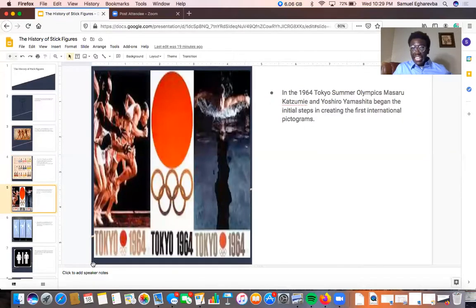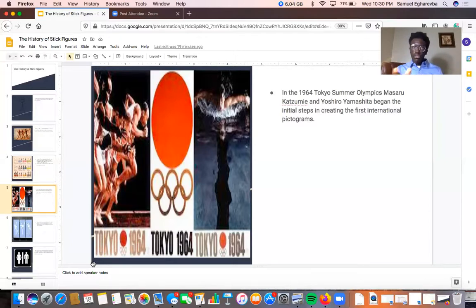So, in the 1964 Tokyo Summer Olympics, two graphic designers began the initial steps in creating the first international pictograms. There isn't a listed picture that I'm able to show you here, but this was just the picture of the advertisement for the Tokyo 1964 Summer Olympics.